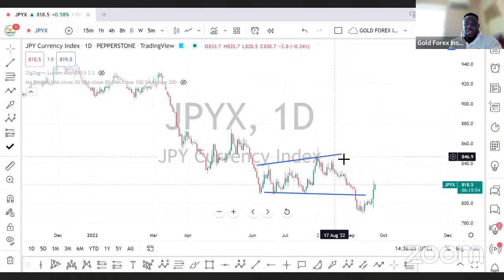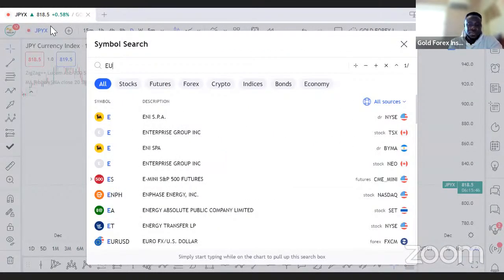Maybe there is some imbalance over here. Maybe this one, or this one can just be a correction and go down, but there is an imbalance over here. Let's look at the Euro JPY and the rest.